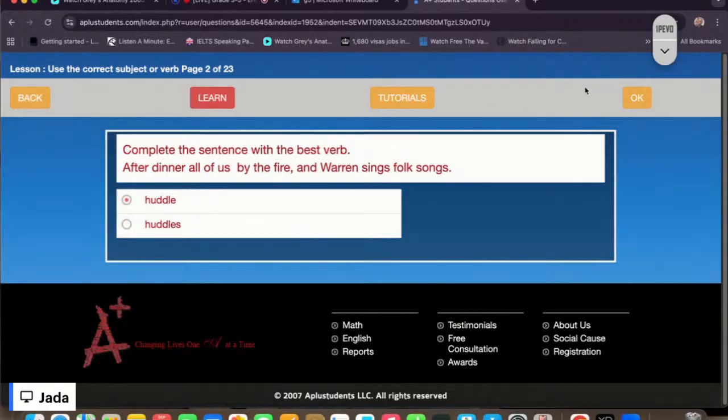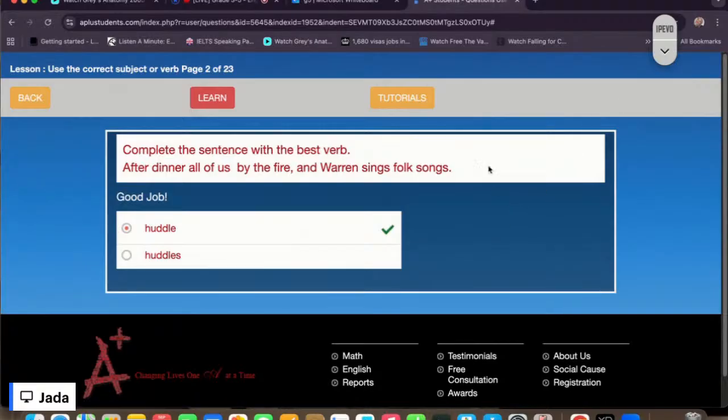Okay, so we have huddle because all of us.